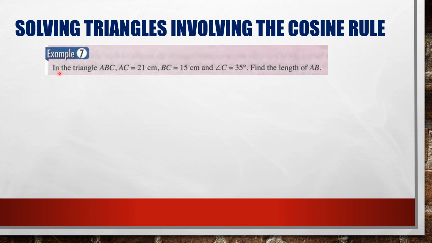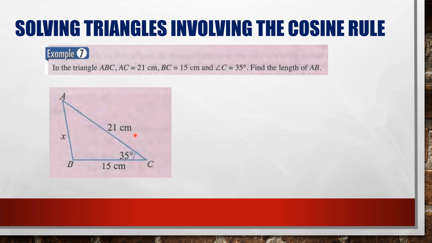Example 7, you can refer to your textbook at page 252. In the triangle ABC, AC equals 21 cm, BC equals 15 cm, and angle C equals 35 degrees. Find the length of AB. The best approach is to sketch the triangle. This is triangle ABC. AC is 21, BC is 15, and angle C is 35.